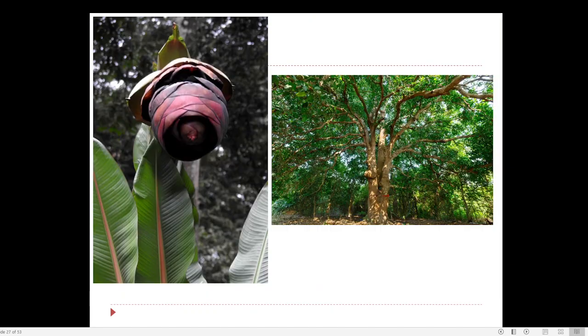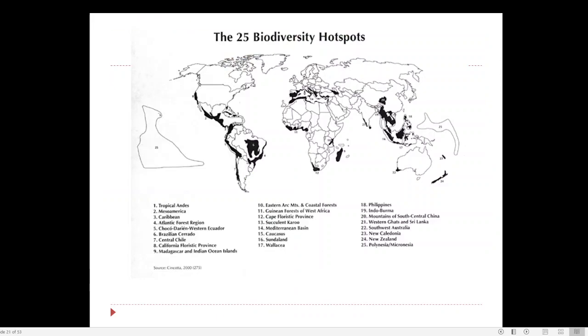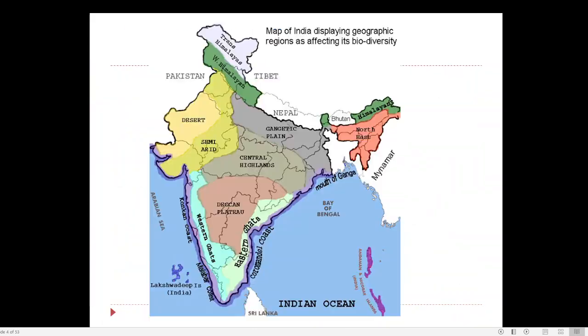Then we have another area known as the Deccan Plateau Zone. I will show you on the map where the Deccan Plateau Zone is located. So this is the Deccan Plateau Zone.